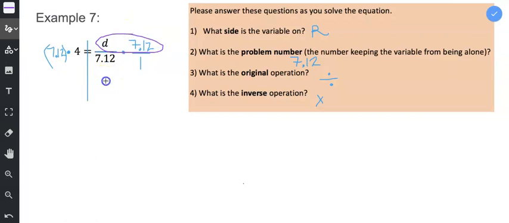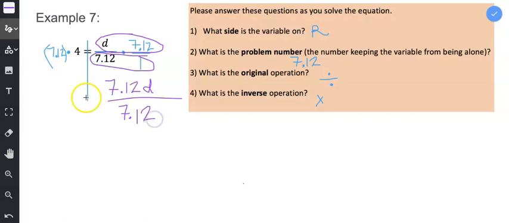You multiply the numerator times the numerator. 7.12 multiplied by d is 7.12d. And 7.12 times 1 is 7.12. And then over here, I need to multiply 7.12 by 4.